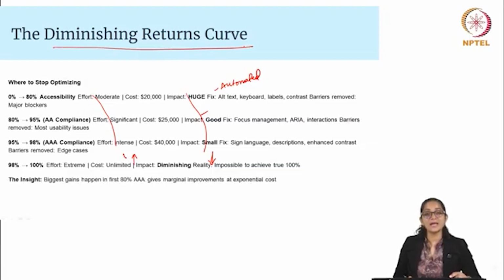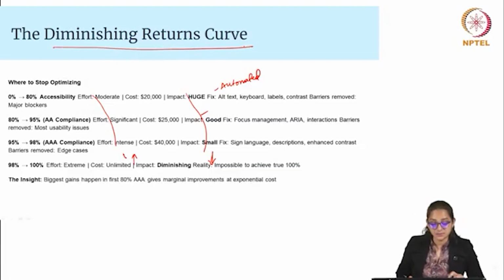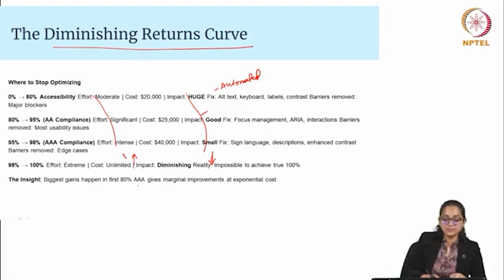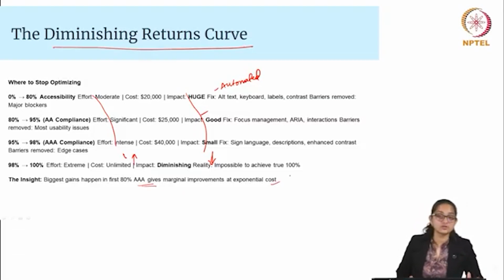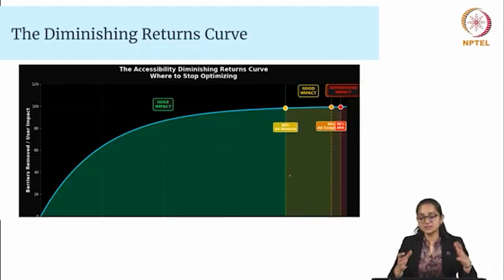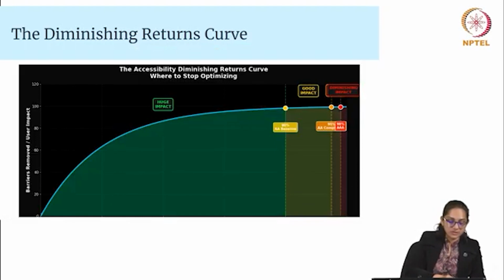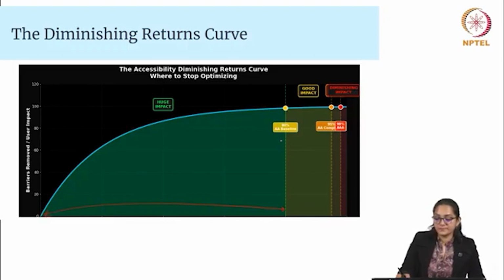So the biggest gain happens in the first 80%, and AAA gives only marginal improvements at exponential costs. So this is the diminishing returns curve. As you can see, in the first 80%, this is a double A baseline. We have reached the double A baseline by 80%. You can see it's a huge impact.